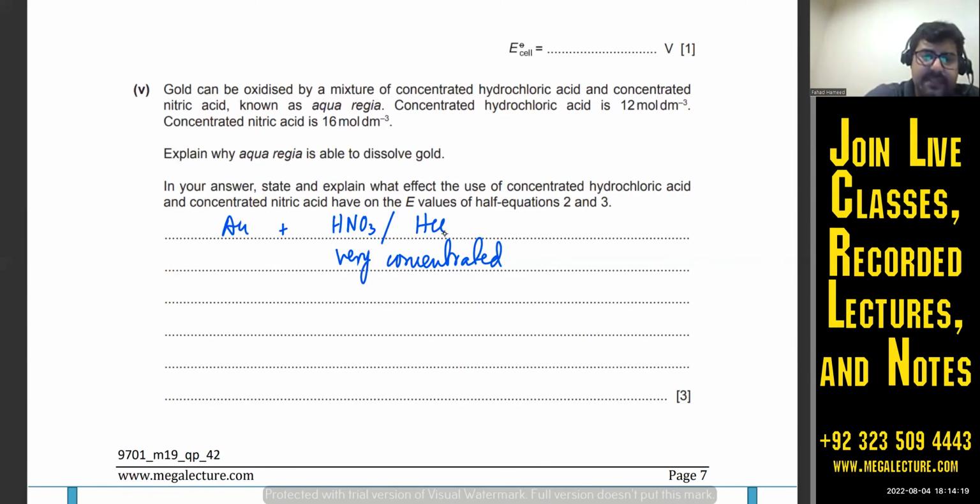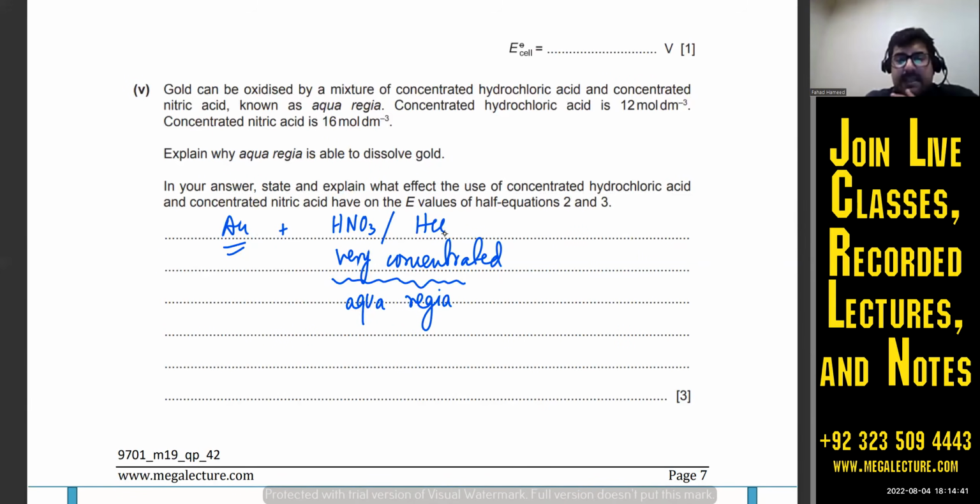This entire thing is, according to the question, if you read the statement, aqua regia. And he's saying that aqua regia is able to dissolve gold. So the gold is able to turn into gold ions. It's able to dissolve that.